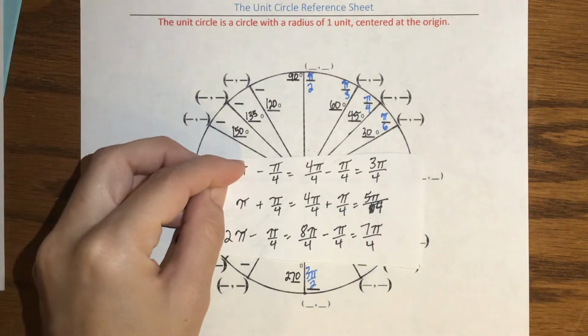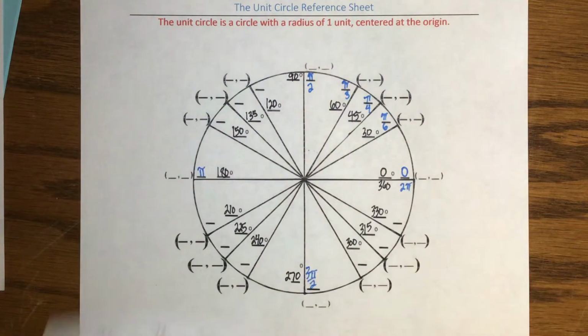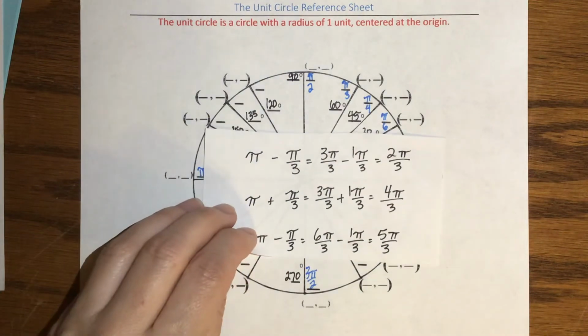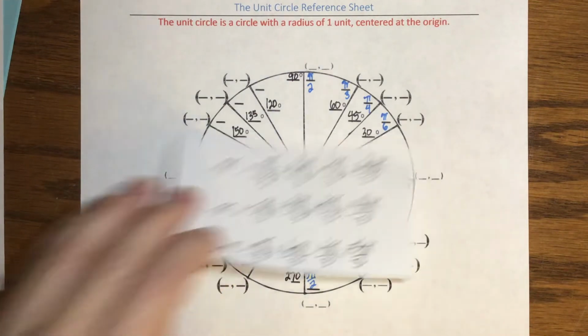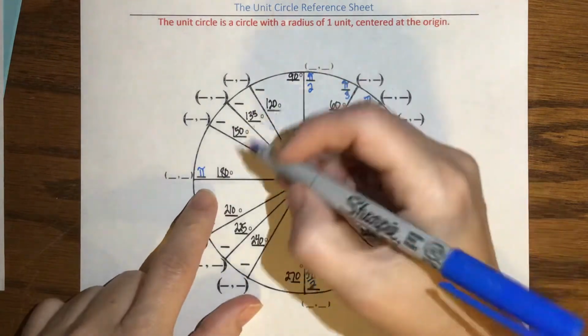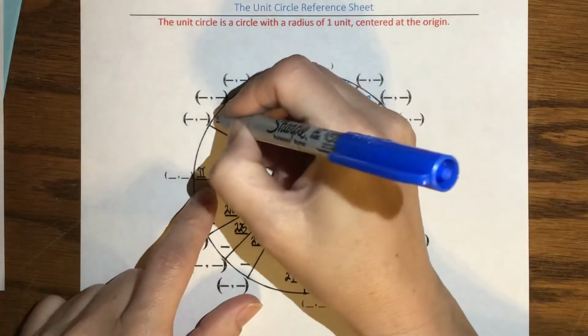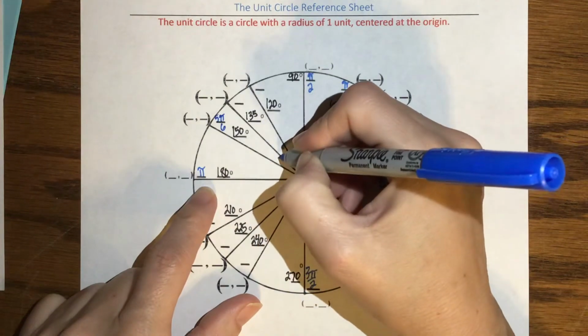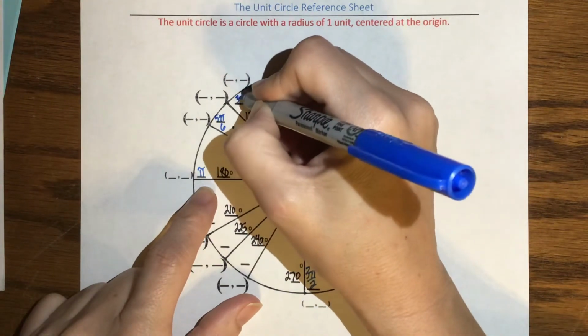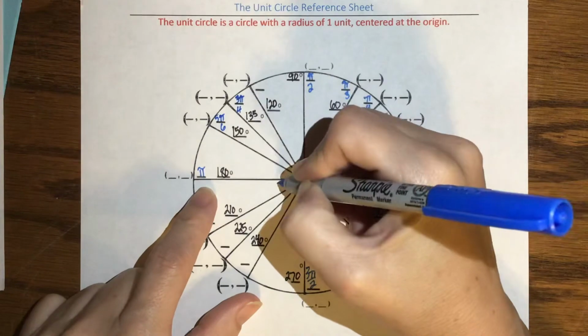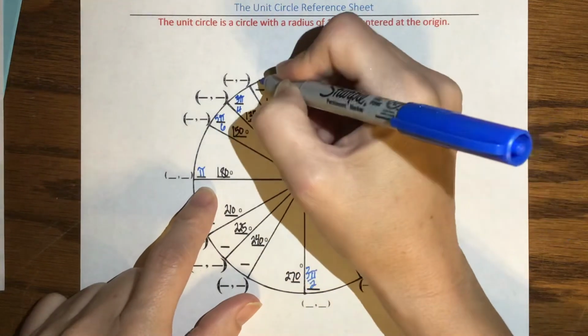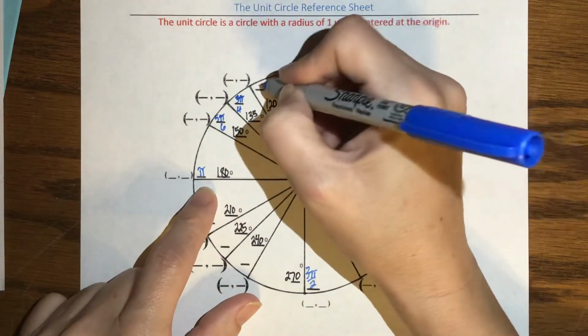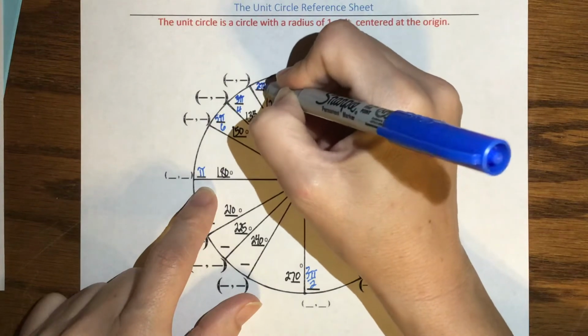That's a 5. And then same with the pi over 3. You don't need to write those down, but I just wanted you to see them because I'm going to do them in my head. So pi minus pi over 6 is 5 pi over 6. Pi minus pi over 4 is 3 pi over 4. And then pi minus pi over 3 is 2 pi over 3.